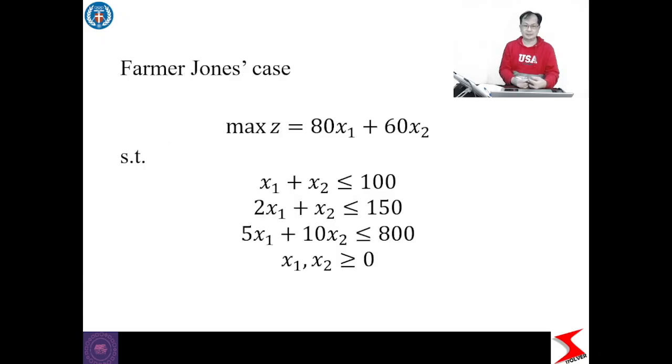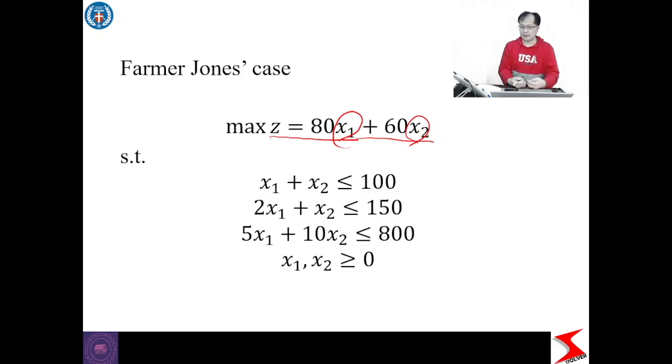I use the same example, the Farmer Jones case. The objective is to maximize revenue, which is z equals 80 times x1 plus 60 times x2. Here x1 means the number of acres of wheat, and x2 is the number of acres for corn.